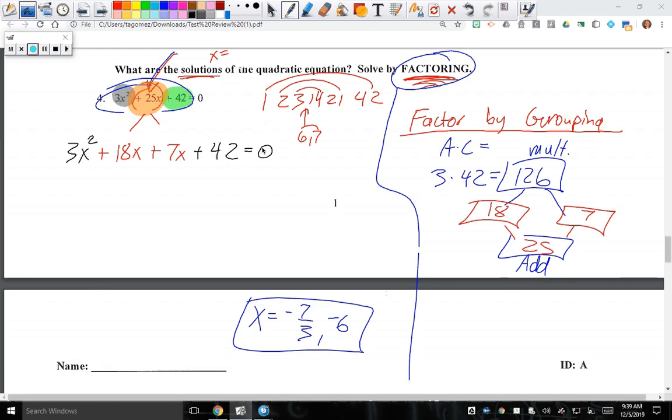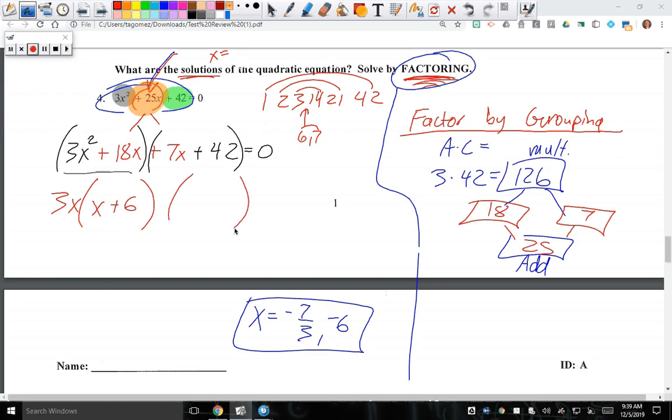Okay? From here, I will GCF the biggest things that each of these pairs have in common. What's the first thing that we have here? What's the GCF of the first parentheses? 3x. From the first parentheses, we're only working with this right here. What are the scraps that are left over? Plus 6.